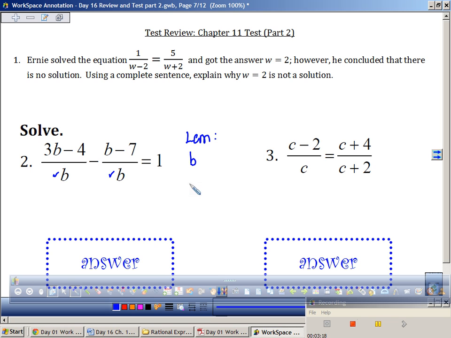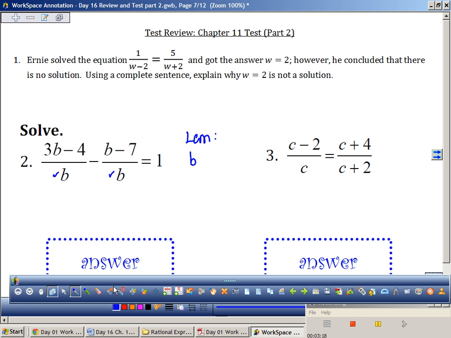So what was my second step? Distribute it to everybody. Give everybody a B. So I'm going to multiply everybody by B. When I do that, what goes away for this term?